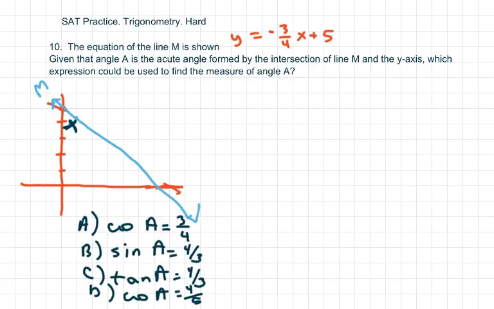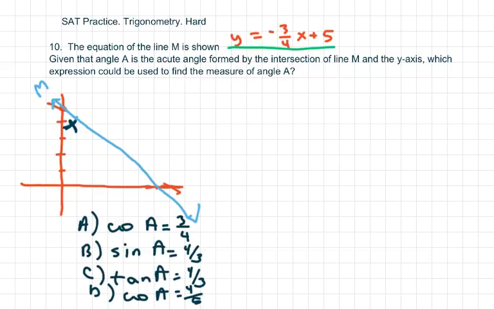The equation of the line M is shown. M is in blue, and this is the equation. Given that angle A is an acute angle formed by the intersection of line M and the y-axis, which expression could be used to find the measure of angle A?